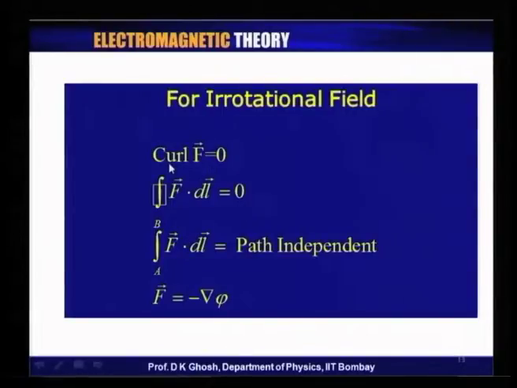Now, if curl f is 0, it means the integral of curl f dot ds is 0, which means the line integral of the force f dot dl over a closed contour is 0. This also implies that if you take the line integral from a to b of f dot dl, that turns out to depend only on the points a and b, that is, it is path independent.